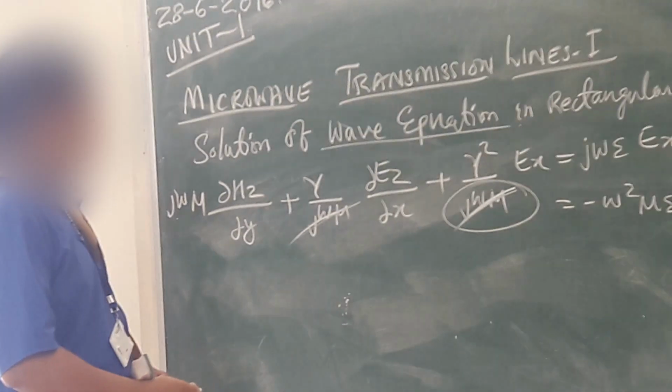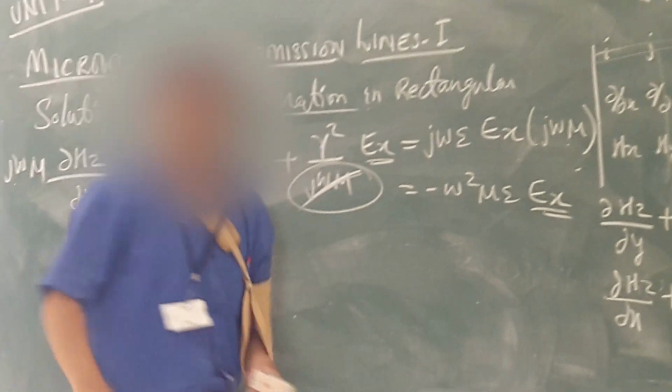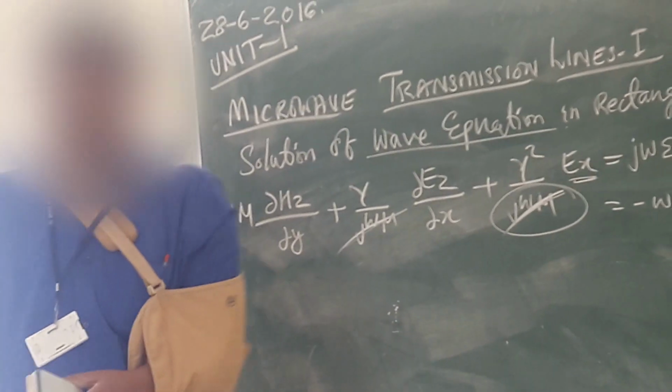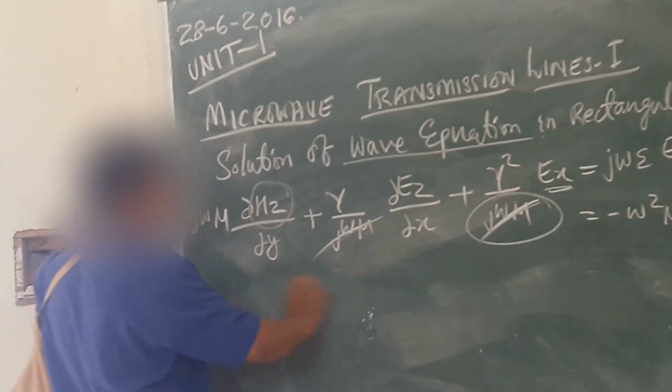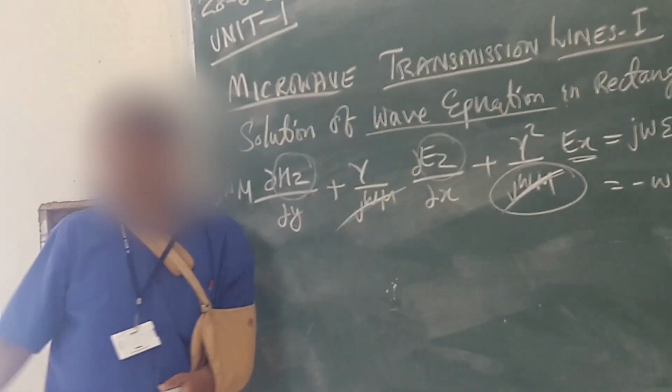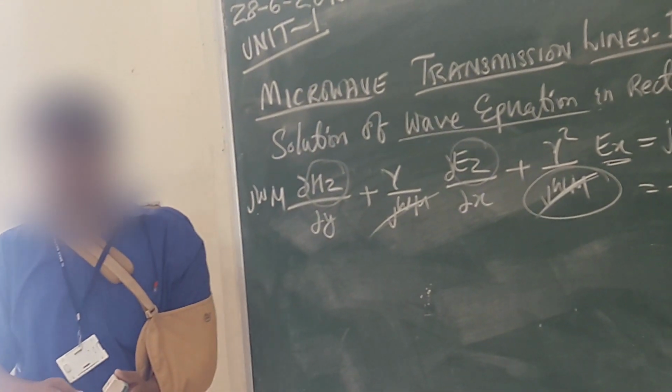So what we will do, here you are having Ex, so we will keep the Ex term on one side and the remaining parameters on the other side. The remaining parameters means you are having your Hz component and Ez component.